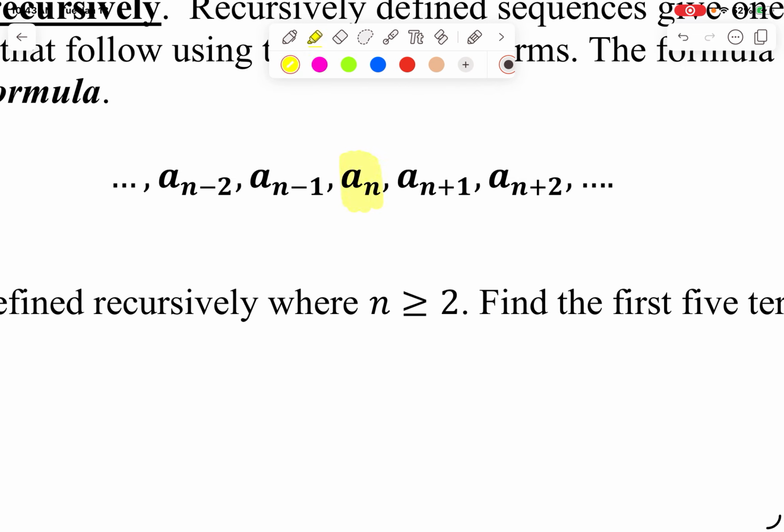All right, so a sub n you already know, that's the nth term or the current term. That's the term that it is currently trying to find. A sub n minus 1 is the previous term. And then a sub n minus 2 is the term before the previous term.